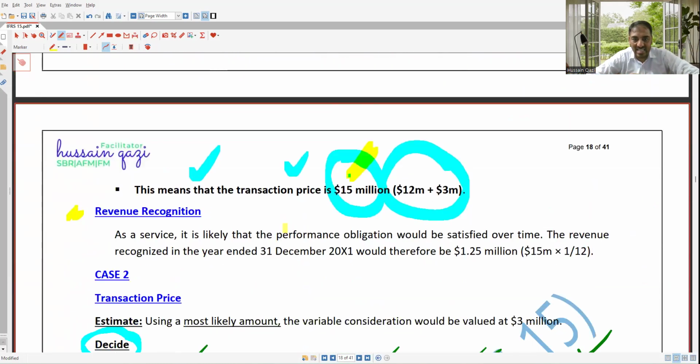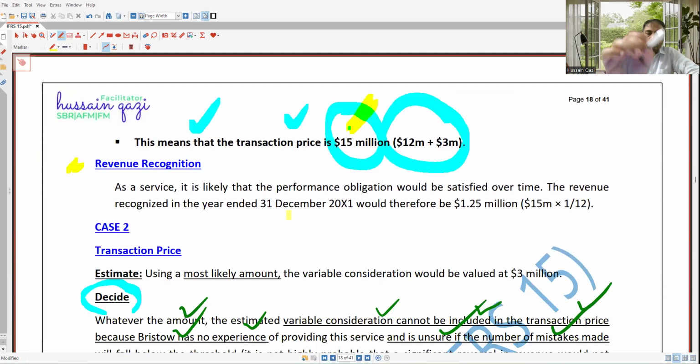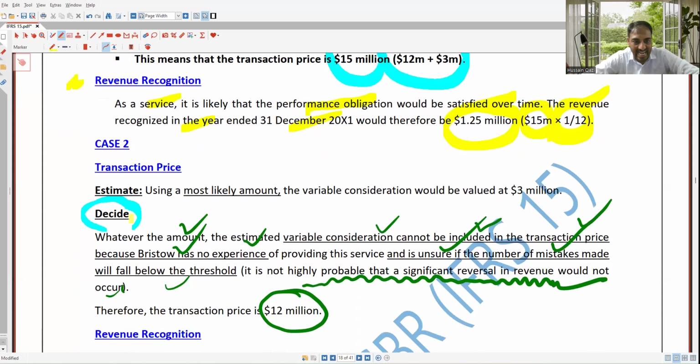If the price is 15 million, as a service it is likely that the performance obligation is satisfied over time, and the revenue is recognized up to the year end, 31st December X1. Therefore, 15 million divided by 12 for 1 month is 1.25 million. That's the basic one.